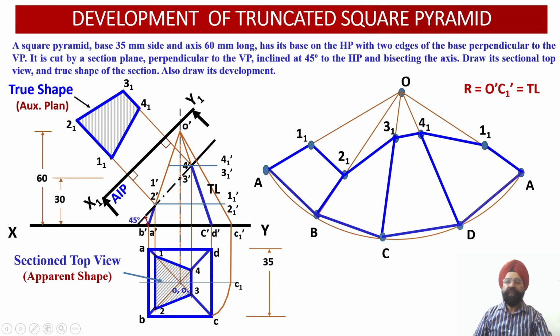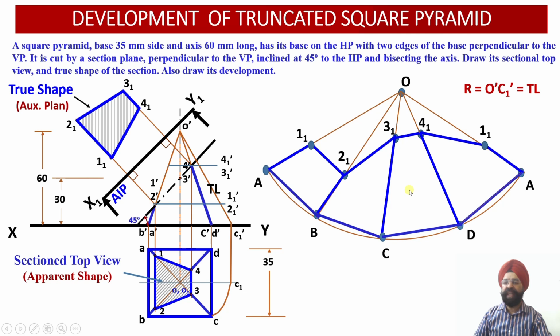So this way, by using the principles of projections of solids, sectioning of solids, and the principles of radial line development method, we have been able to draw the front view of the section solid, top view of the section solid, true shape of the cut sections, and even the principles of auxiliary plane method have also been used in this particular problem.